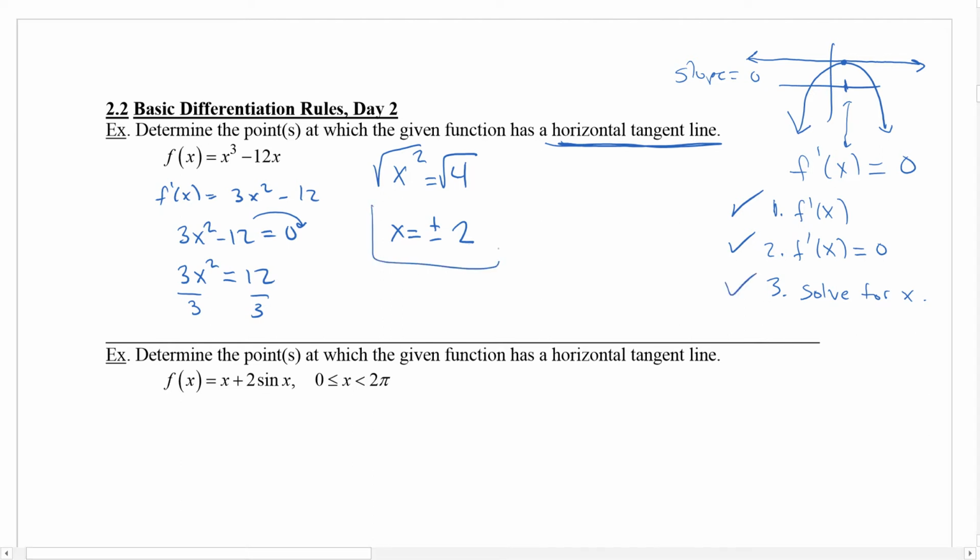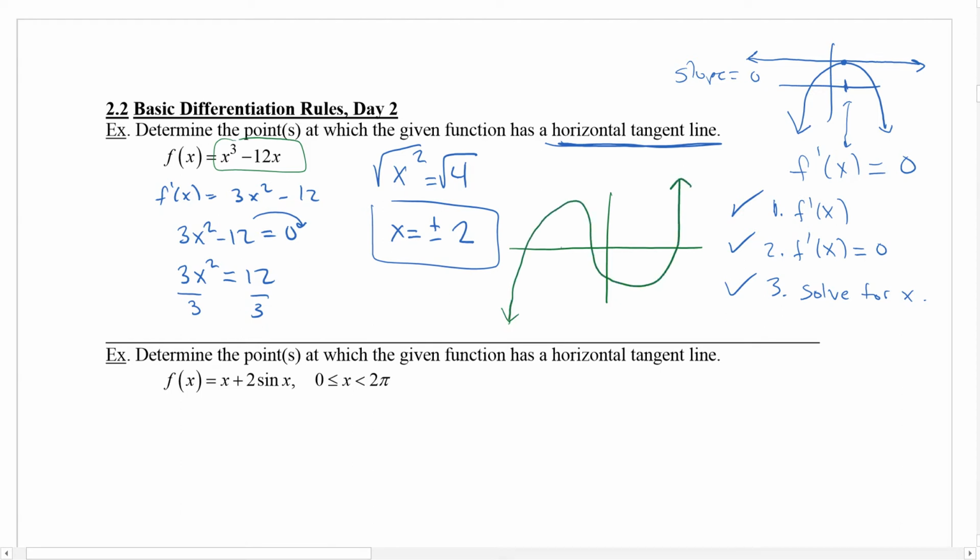So these are my answers. That means that however this cubic function looks, there is a maximum or a minimum at x equals plus or minus 2. That means a horizontal tangent. So let me go ahead and draw a picture. I have no idea how this graph looks, but all I know is that it's a cubic function. It's positive, so the cubic function falls to the left but rises to the right.